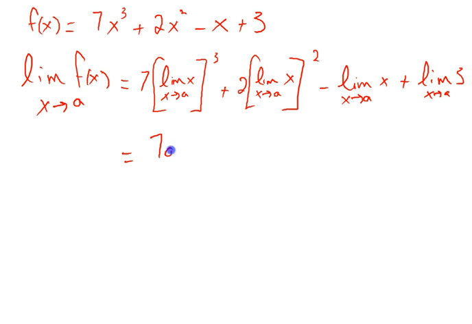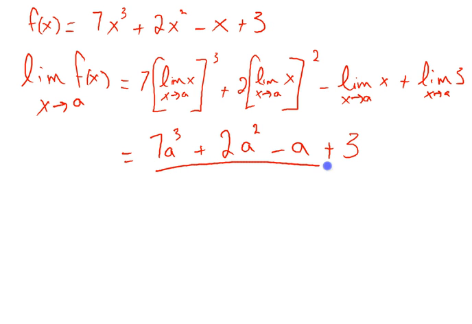So this is 7a cubed plus 2a squared minus a plus, and what is the limit of 3 as x approaches a? Well, 3 is a constant. 3 stays 3 all the time and has no dependence on x, so therefore this is just 3.